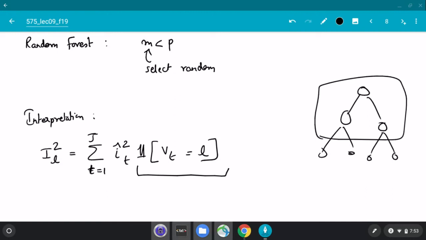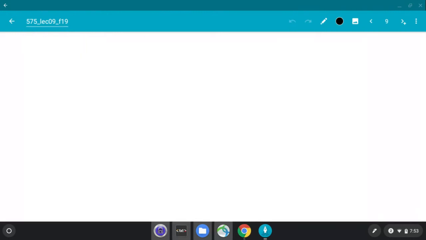Okay, so let's look at the next idea, which is the partial dependence plot. Again, the objective is the same: understand the model that I built.